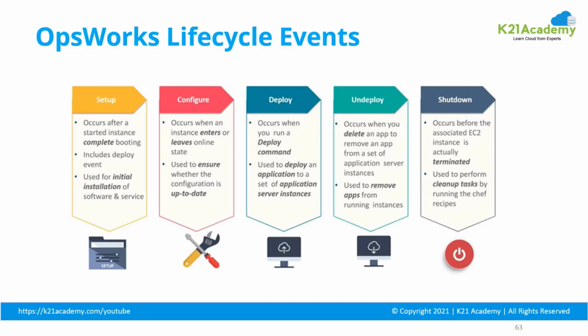Then you have a deploy phase where you deploy your application or set of services on top of your servers. And then shutdown occurs when you delete an app or configuration running on a server, before you terminate, which means you completely delete that resource from AWS. You do the shutdown event on that.